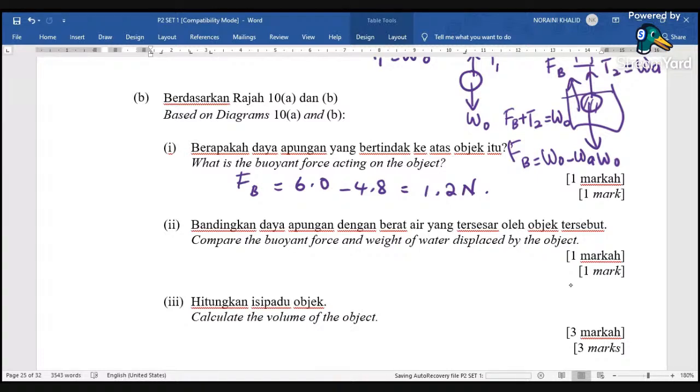You can say buoyant force equals weight of water displaced.